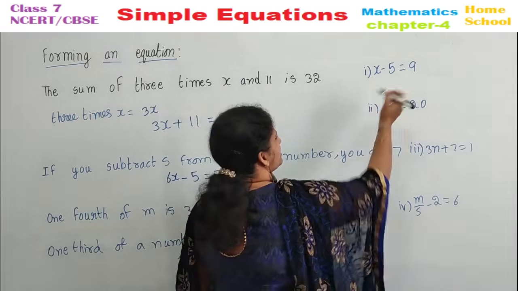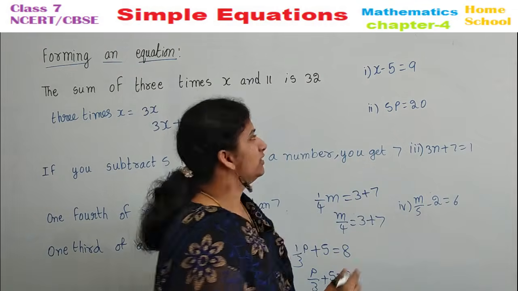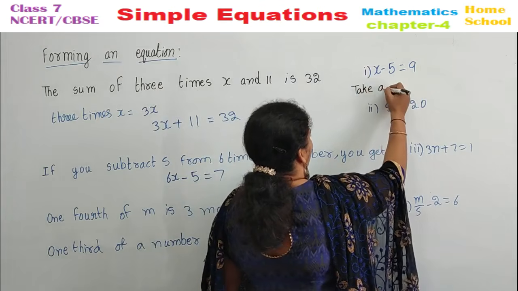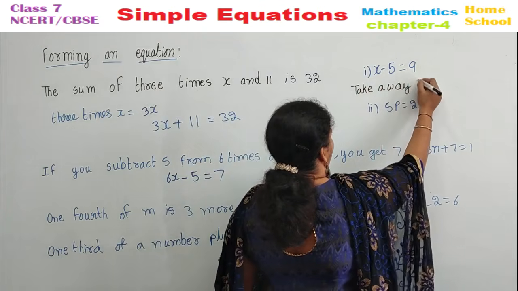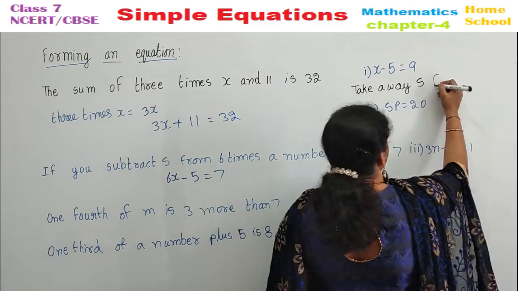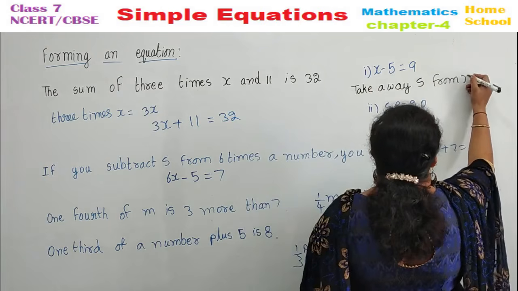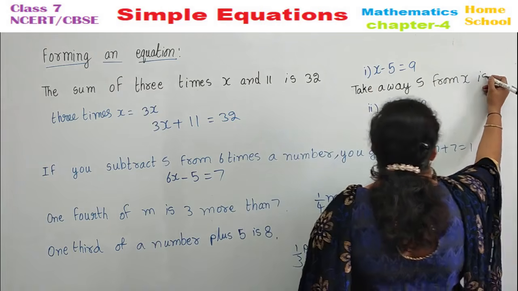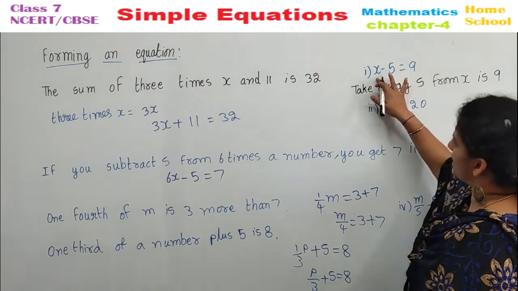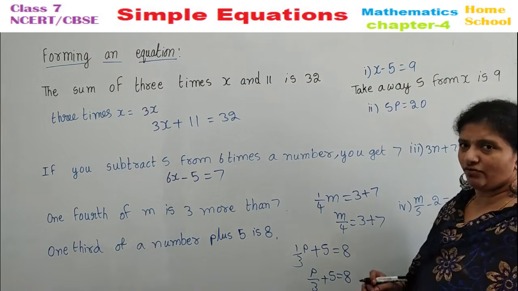Look here, x minus 5 is equal to 4. Take away 5. Yes or no? Subtract. Take away 5 from x is 9. Take away 5 from x, we get a value of 9.